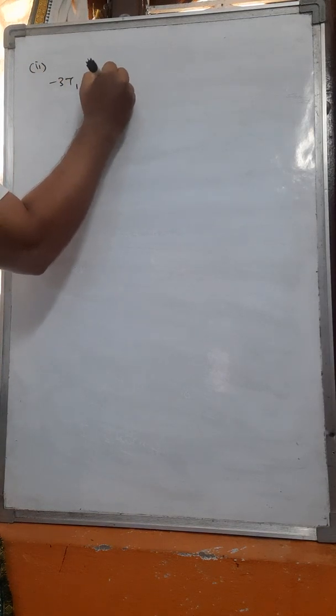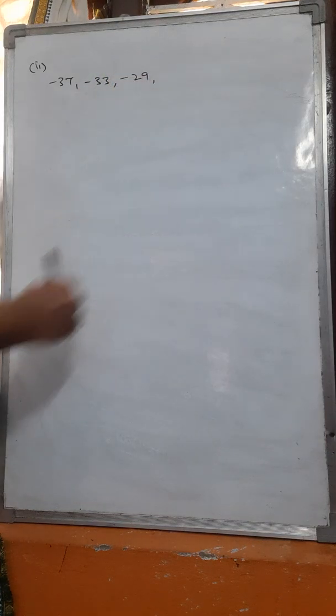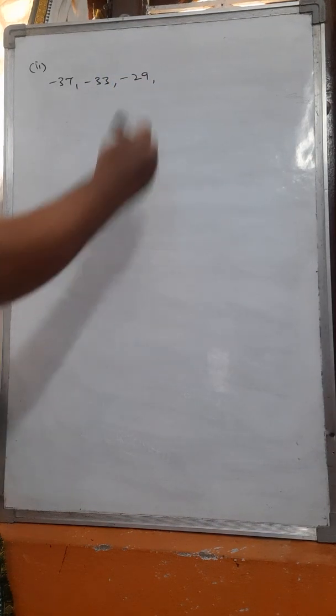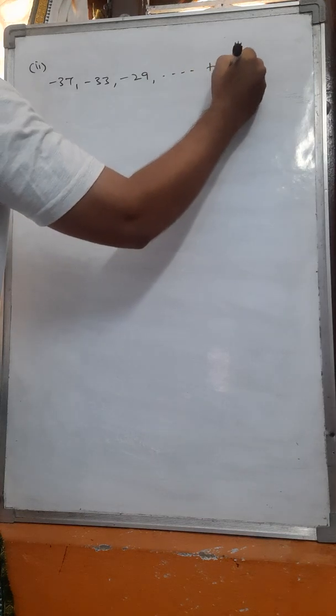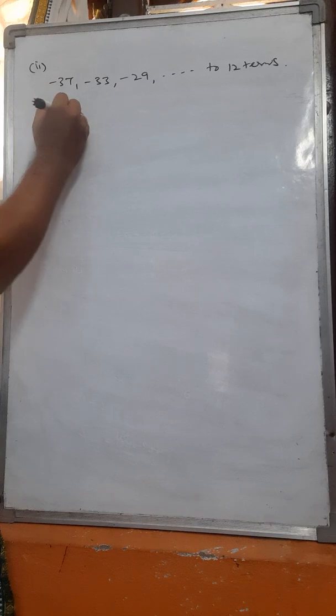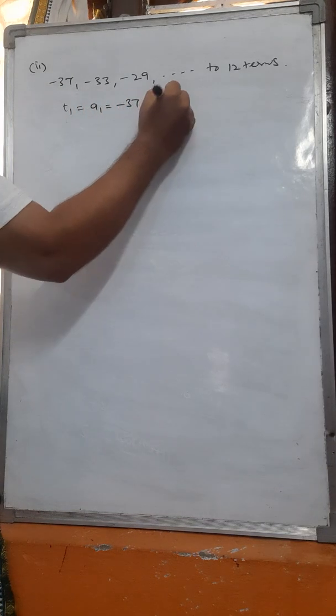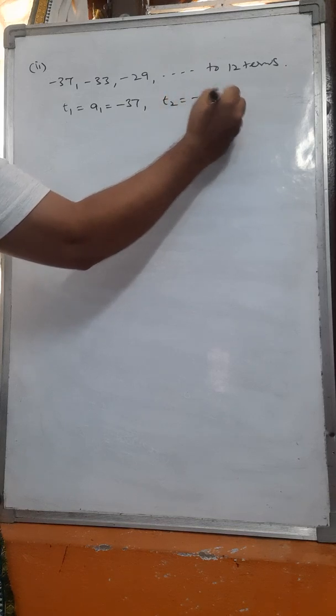Next, second problem. Here minus 37, minus 33, minus 29, and so on to 12 terms. So the first term T1 is equal to A is equal to minus 37, T2 is equal to minus 33.